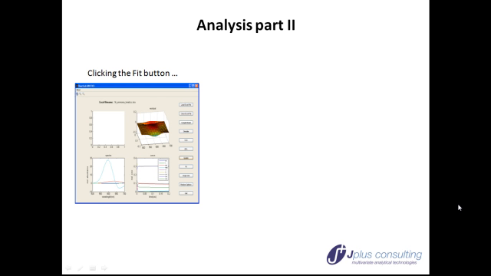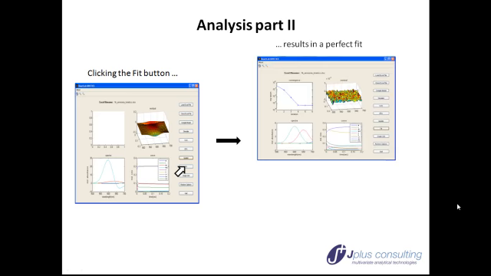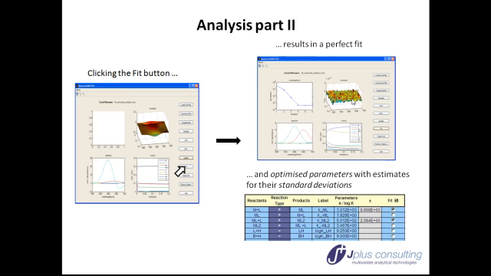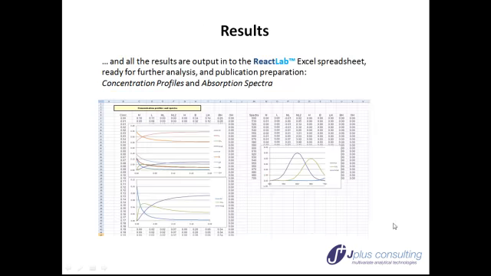We can now improve these parameters by performing a fit from these starting values. Clicking the Fit button results in a perfect fit. We can now see all the spectra are positive, and we now have a random residual surface. The optimized parameters and their standard deviations are also returned to the spreadsheet.